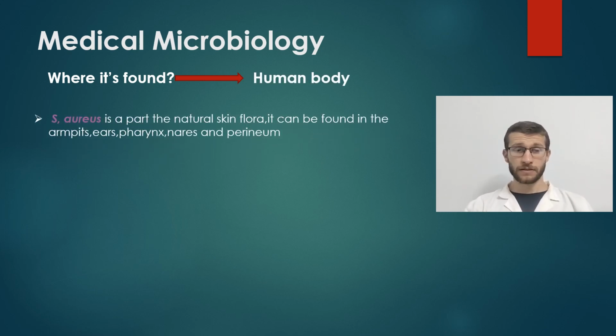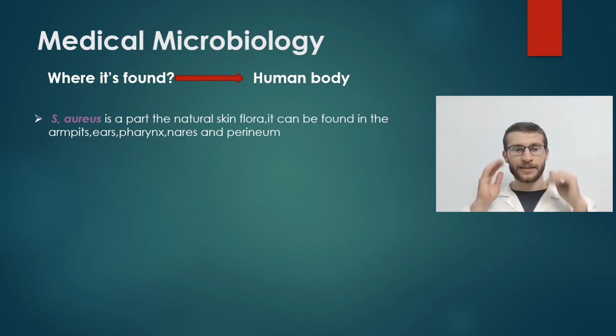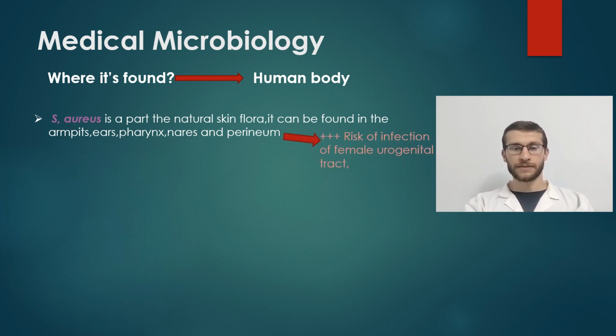The Staphylococcus aureus is a part of the natural skin flora. It can be found in the armpits, in the ears, in the pharynx, in the nares, and in the perineum, which leads to a higher risk of infection of the female urogenital tract.